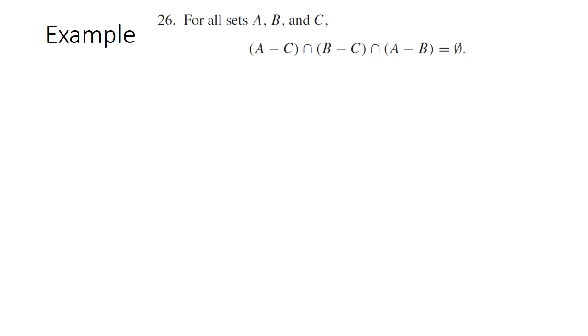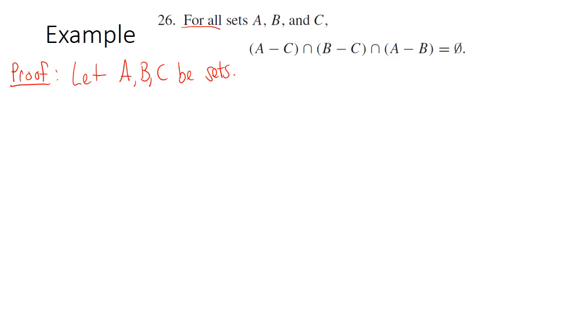Okay, let's look at this example. I'm going to show you how to prove that a set is empty. So we have a for all statement here: for all sets A, B, and C. As usual, I'm going to translate my for all statement into a let statement. So let A, B, C be sets.